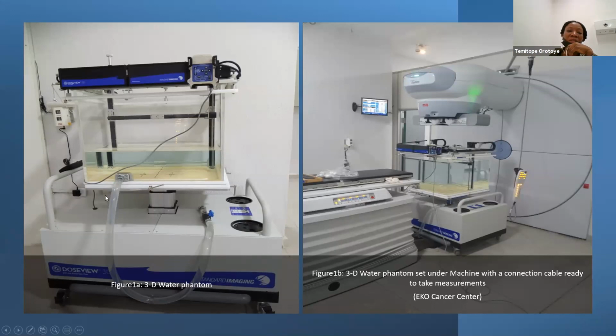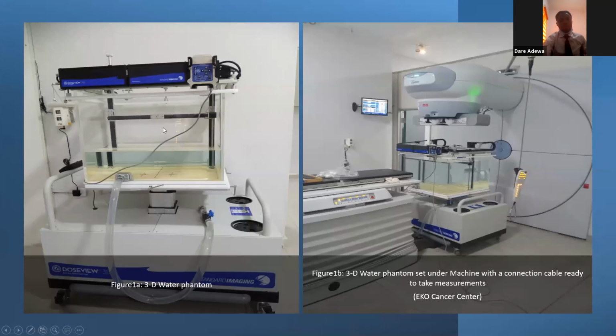One of the equipment that is used in carrying this out is what is called a water phantom. This is a 3D water phantom. A 3D water phantom is used in beam data measurement. Now, when a linear accelerator is acquired, we do what is called acceptance testing and commissioning.